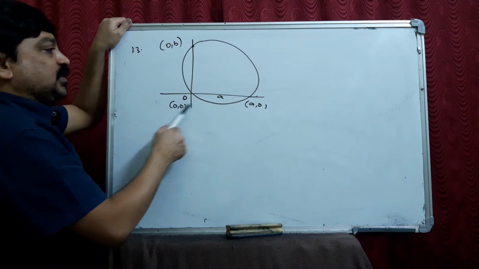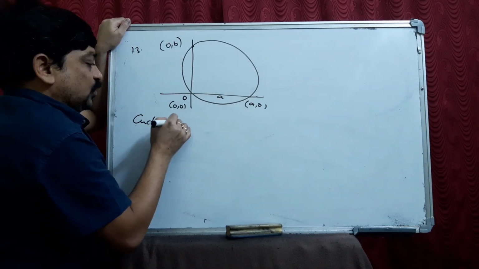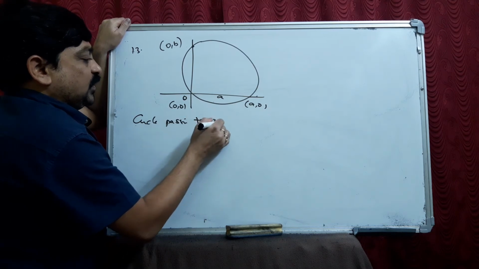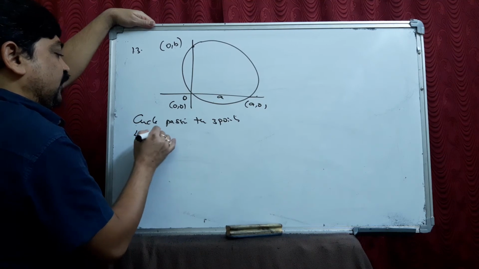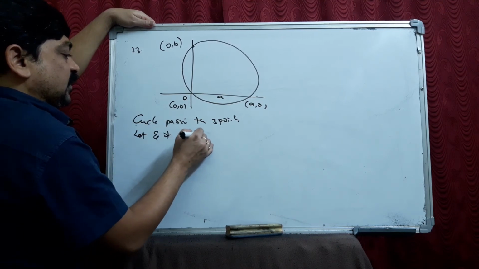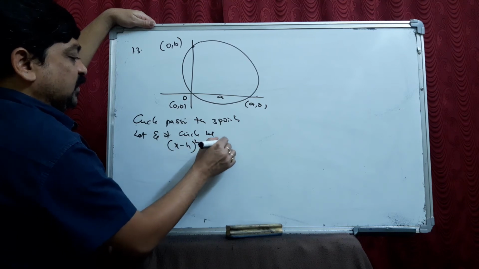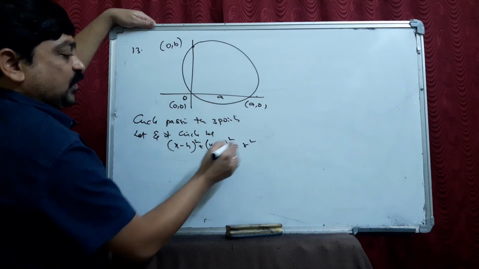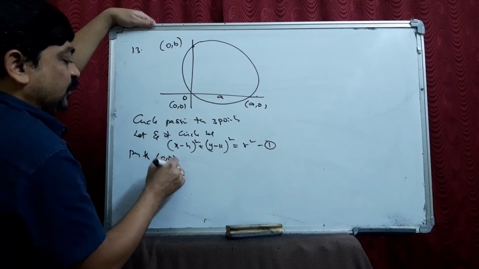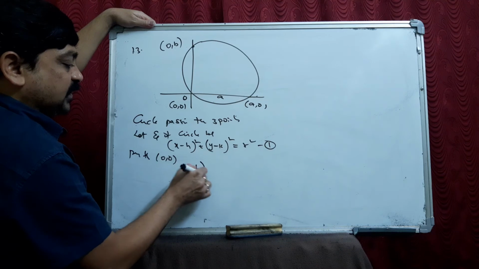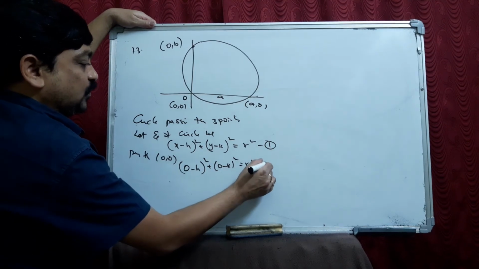That means the circle is passing through 3 points. Then what we do? Let the equation of circle be x minus h whole square plus y minus k whole square is equal to r square. First passes through (0, 0). So when you substitute 0 in the place of x and y, 0 minus k whole square equal to r square.